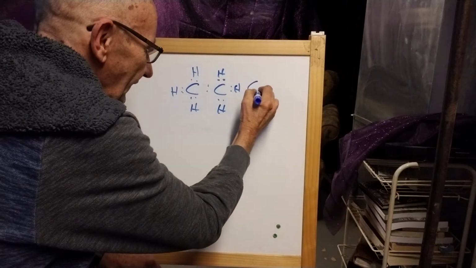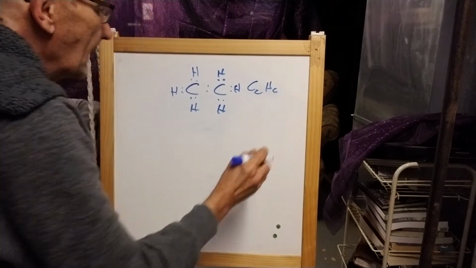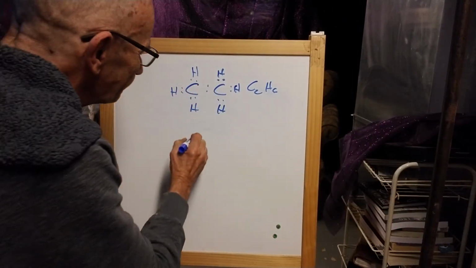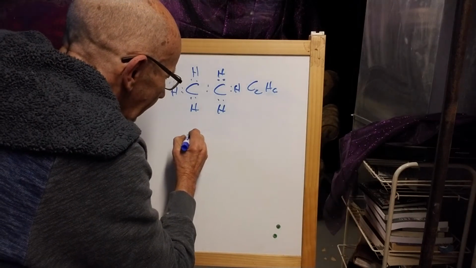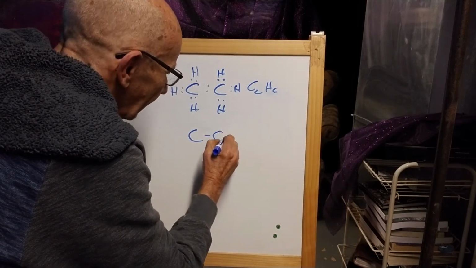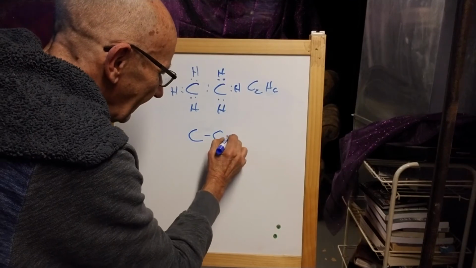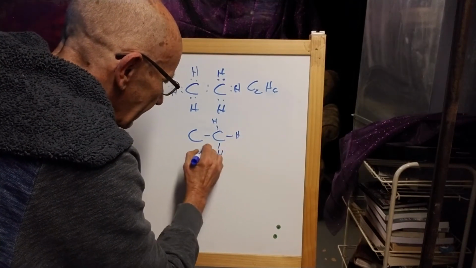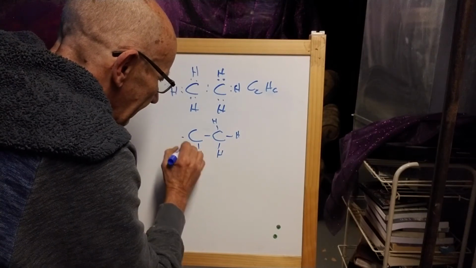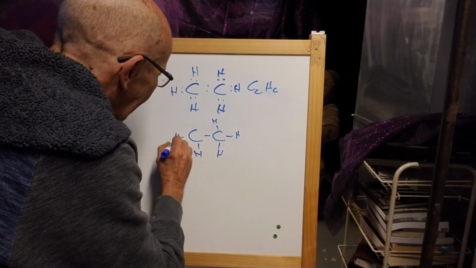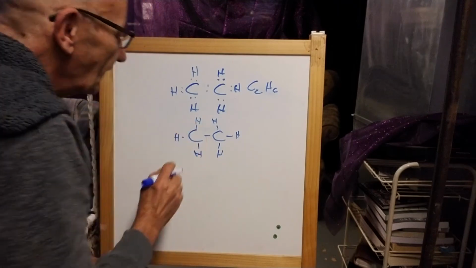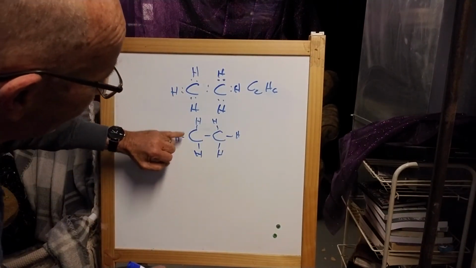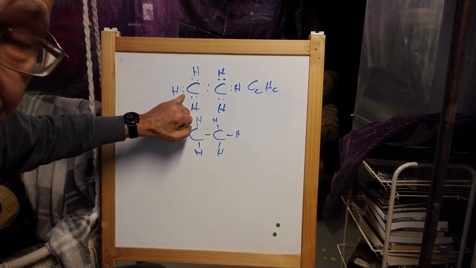And that's once again C2H6. Instead of drawing the dots, it's easier just to draw a line. So we could redraw this as C, H, H, H, H, H, H. These two are exactly the same, where each dash is 2 electrons.